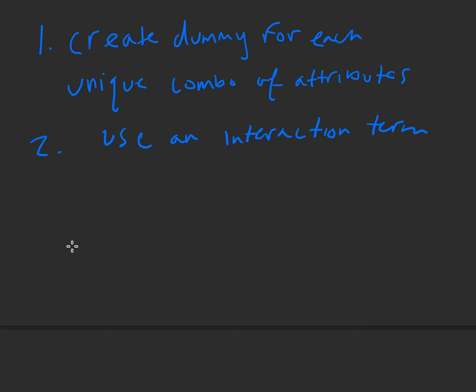Say we want to look at earnings as a function of sex and marital status. We would have two dummy variables. Female equal to 1 if female, and 0 otherwise.